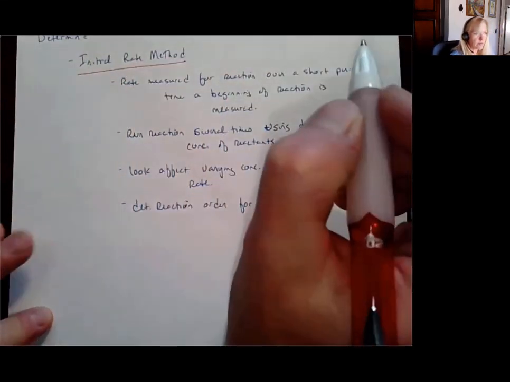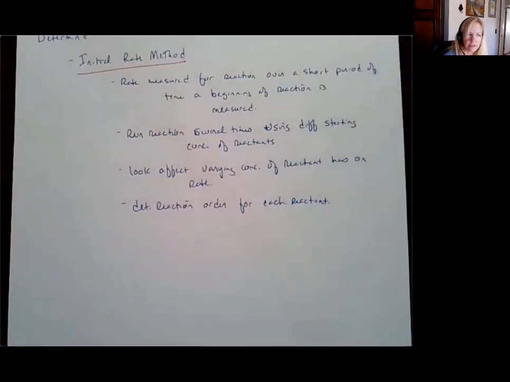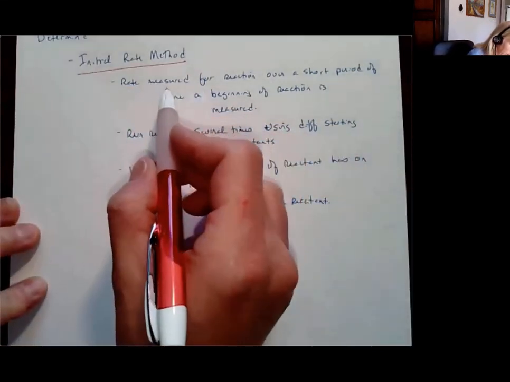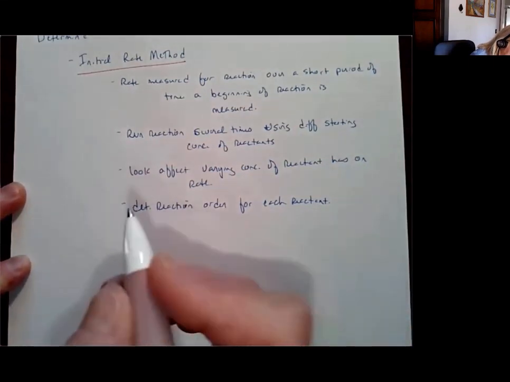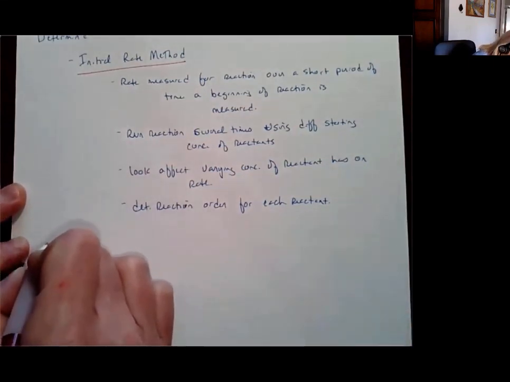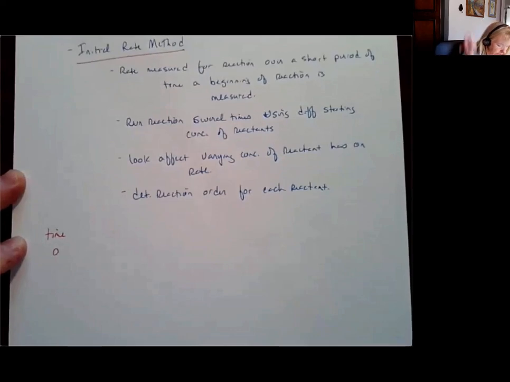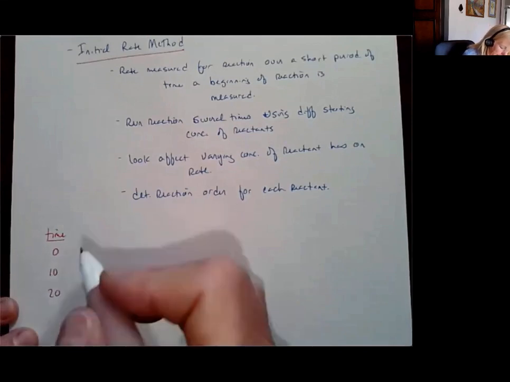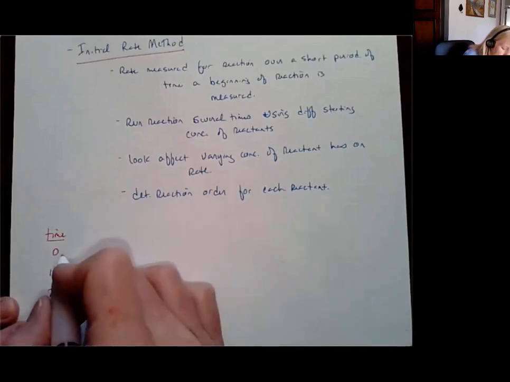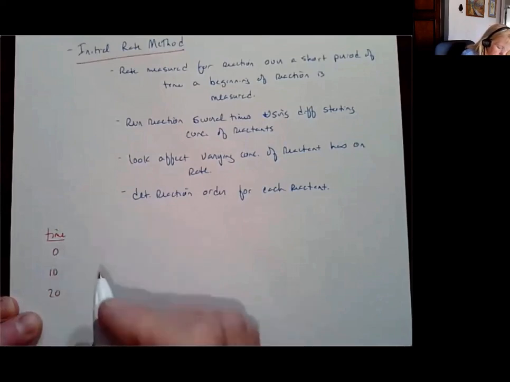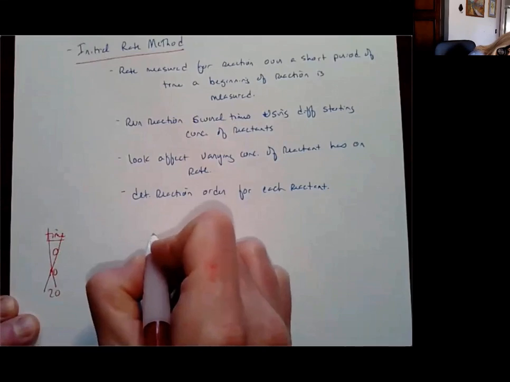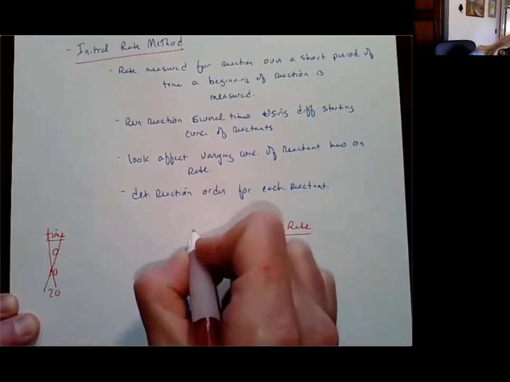I think the problem with this chapter is figuring out which equation to use and when. In an initial rate method, you're going to start at time 0, and then go to maybe 10 seconds, 20 seconds, and so forth, and you're going to measure that same time for each. So you may not see time in your table, but what you'll see is your initial rate and your concentration of your reactants.